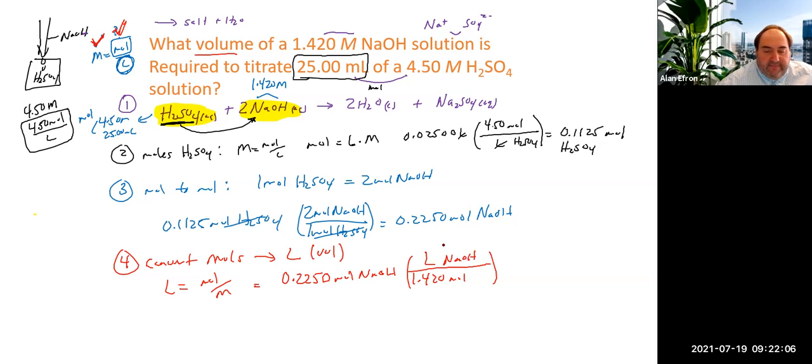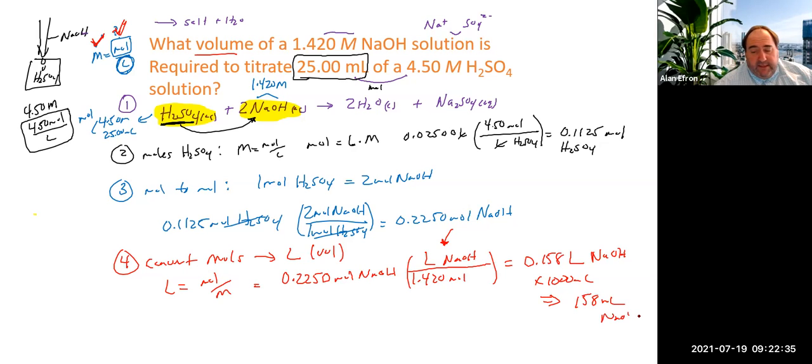I'm basically dividing by the molarity, but showing it the dimensional analysis way, divided by 1.420, which gives me 0.158. The units here would be liters of sodium hydroxide, which I could then multiply by 1,000 to convert into milliliters, which would be 158 milliliters of sodium hydroxide.